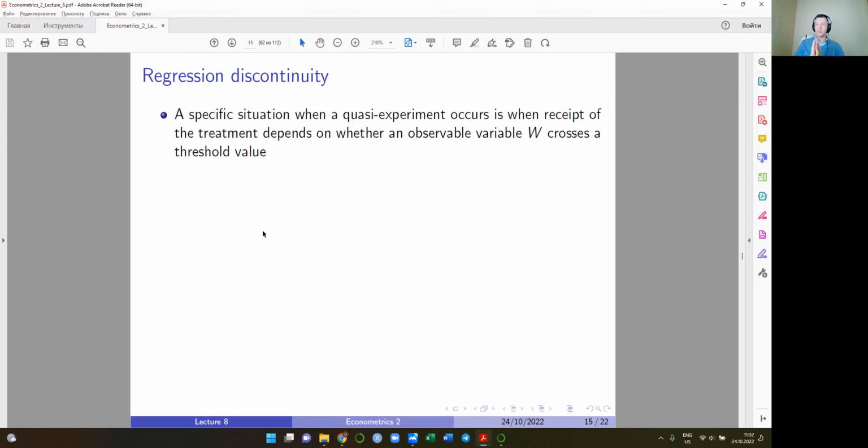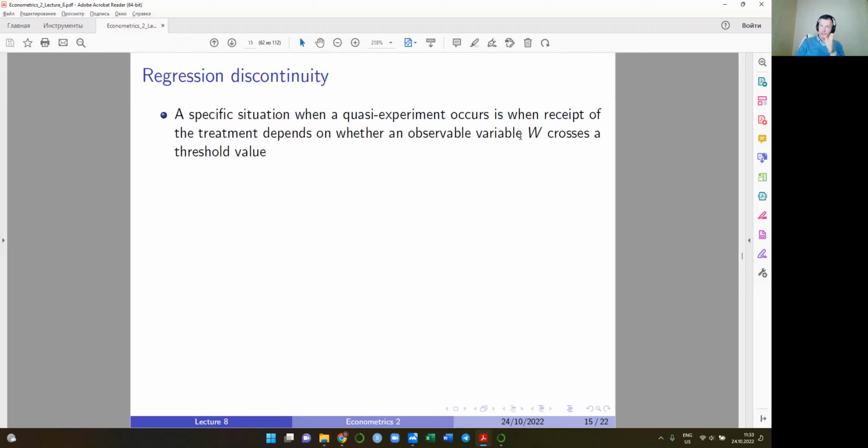So regression discontinuity can be applied when there is some specific situation, when receipt of the treatment depends on some observable variable W and on the fact that this observable variable crosses a given threshold value. The observable variable W must be continuous.